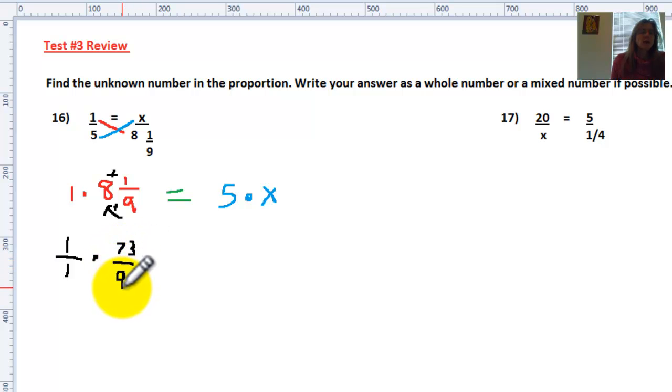So now we have a basic multiplication problem. 1 times 73, 1 times 9. So that makes this fraction 73/9. It's not really a nice fraction, but at least now we're not dealing with this whole multiplication here. So that's equal to the 5x.